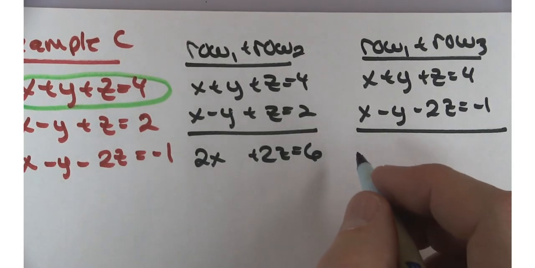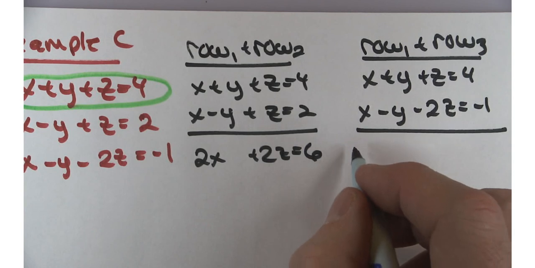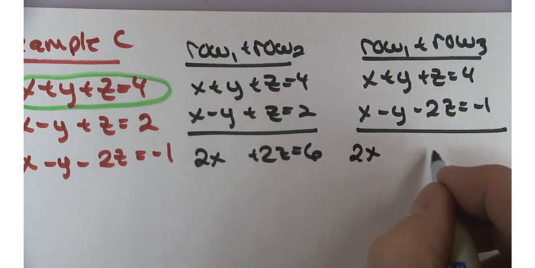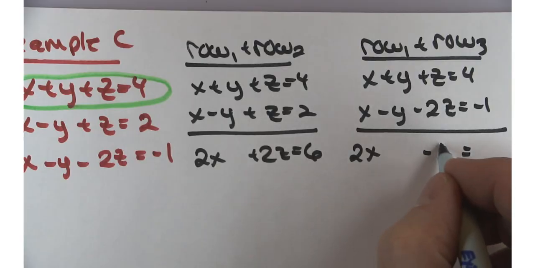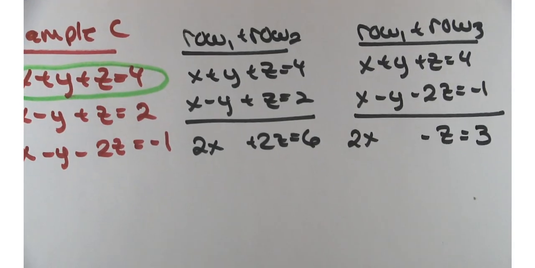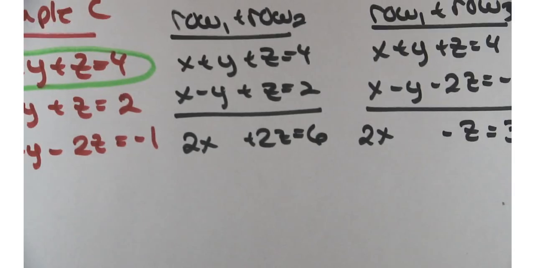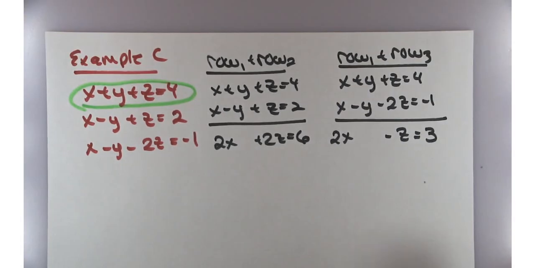What equation do I get? 2x minus z equals 3. Perfect. Are we okay with that? If you get this far, then you've gotten over the hard part. So try and get through this step.